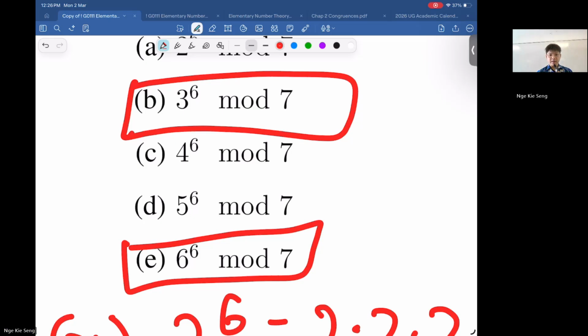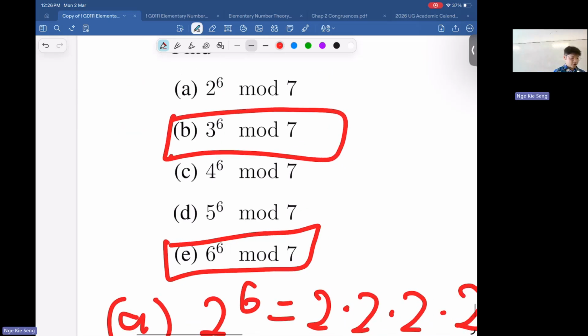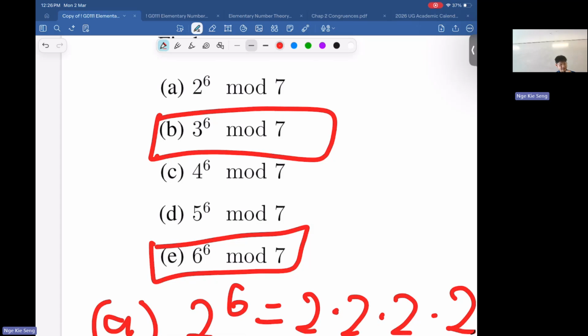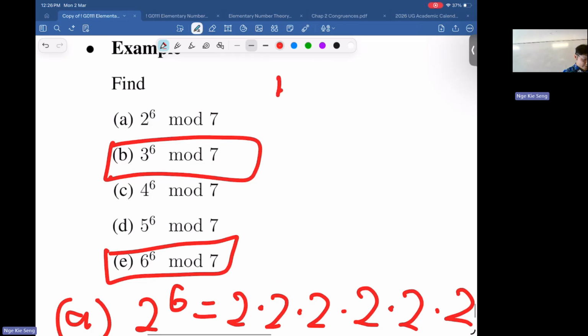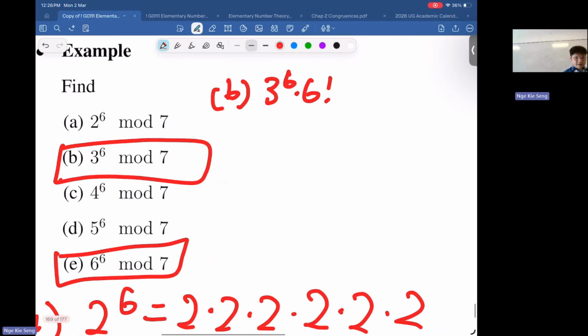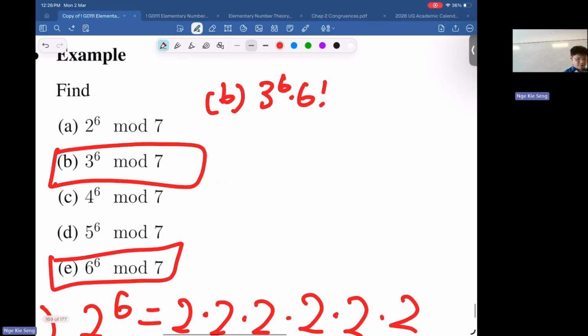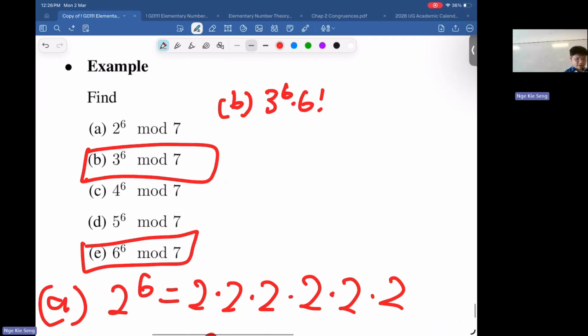So you can notice that all the questions here are powers of 6. So it provides room to apply Wilson's theorem. You should observe that if you consider 3 to the 6 times 6 factorial here, it permutes the numbers 1 to 6 again.